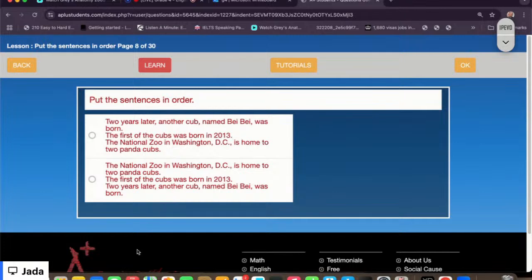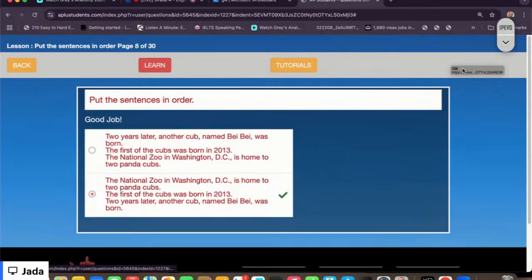Alright, so what's the right other for this? Alright, so two, the National Zoo in Washington DC is home to the two panda cubs. So this one.